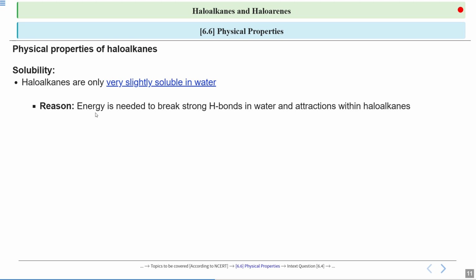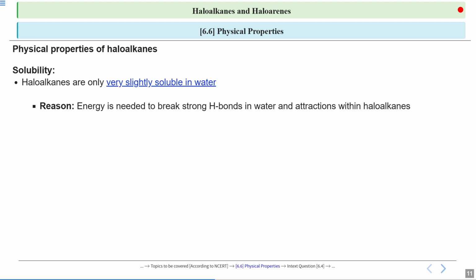The reason is the energy that is needed to break the strong hydrogen bonds in the water and the attractions within the haloalkanes. Water molecules are held together by strong hydrogen bonds, and you need to break them.